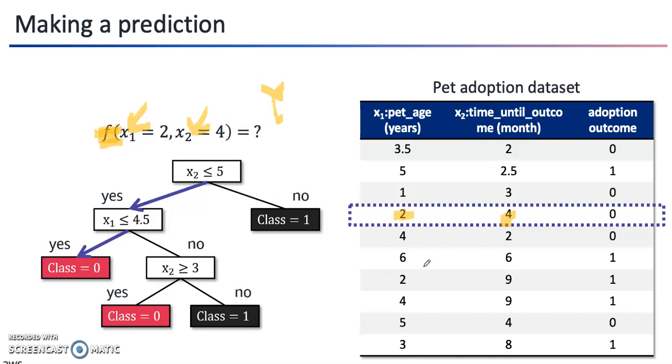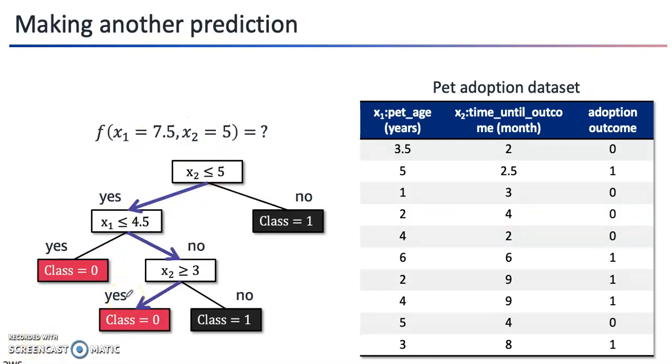In this case, with these inputs, if x1 is 2 and x2 is 4, the second of these inputs would allow us to start with that root and go on this branch. 4 is strictly less than 5, and now the value of x1 is 2, which is strictly less than 4.5, and then we would predict that the value of y would be equal to 0, which matches the information we have there.